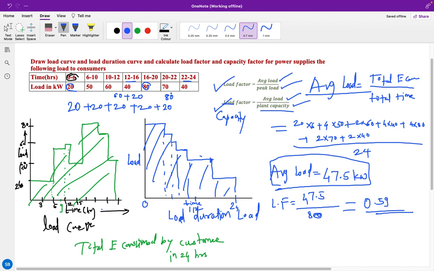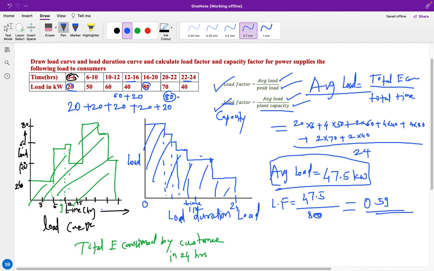Because whenever we design and install any particular 80 kilowatt plant, as its life increases and time goes on, because of maintenance and other problems, its capacity or efficiency will decrease. So for its whole life it is not going to produce 80 kilowatt.